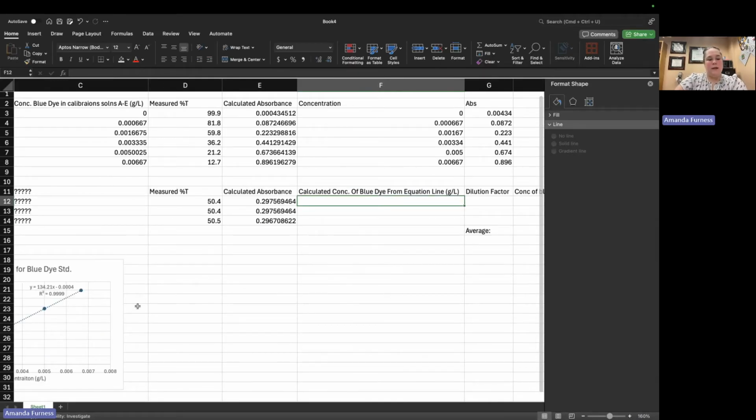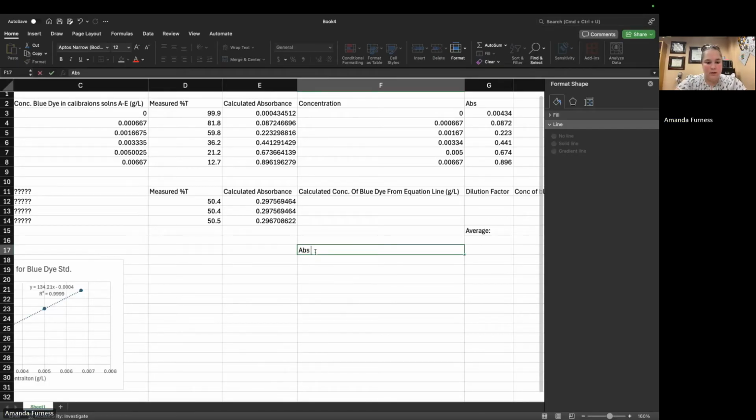So again, we can now use our line equation and plug this in. So what do we know? If we know that y equals mx plus b, we then know that absorbance is equal to the slope, which is 134.21, times concentration, minus or plus b, right?